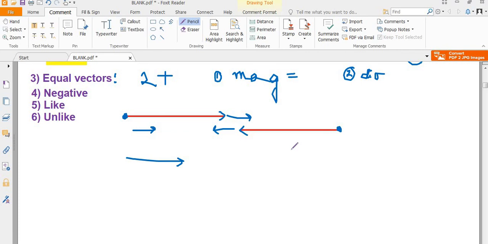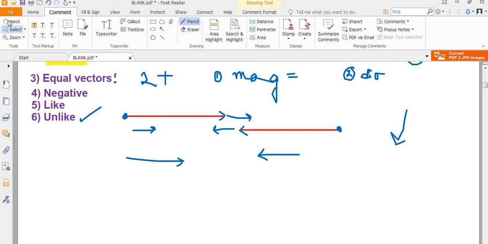But this vector is moving in this direction, and that vector is moving in another direction. So they are unlike vectors because they are not moving in the same direction.